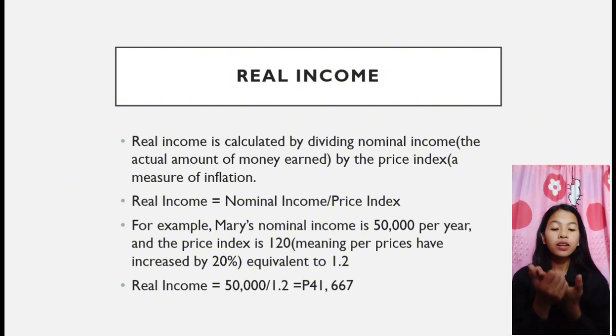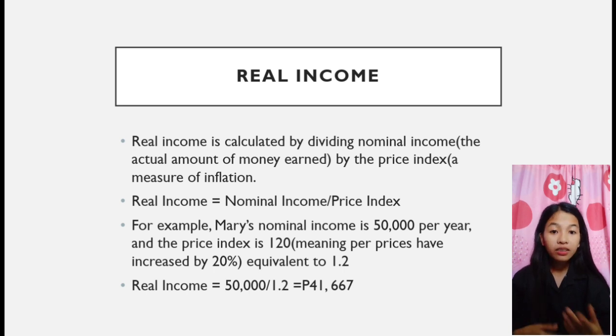For example, Mary's nominal income is 50,000 per year. I don't know what kind of job that is, but it's just an example. The actual money she earned per year is 50,000 pesos. That year, the price index is 120, meaning prices increased by 20%, which is equivalent to 1.2 or 120%.